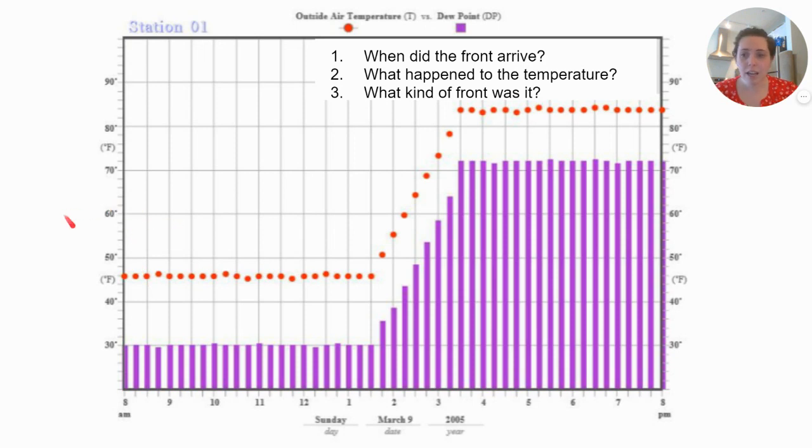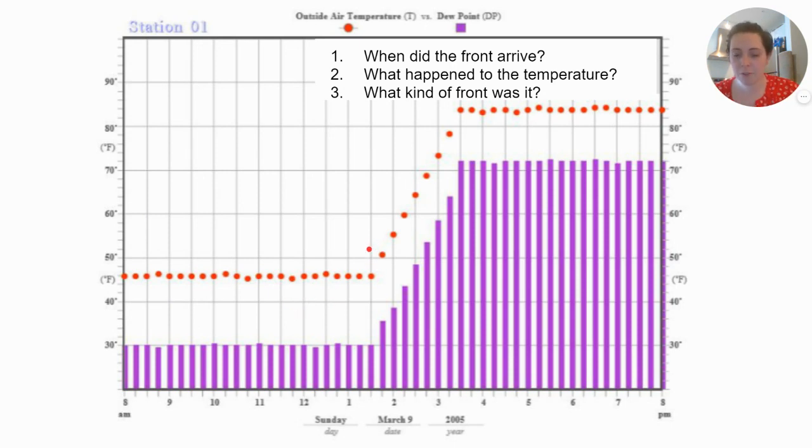Okay, taking a look at how this actually affects weather then. So this is a little graph for you that we are going to be taking a look at. These little red dots are showing the weather and how weather is changing. So 3 questions that we're going to look at. When did the front arrive in this image? So we are looking for a time when we see our temperature changing.